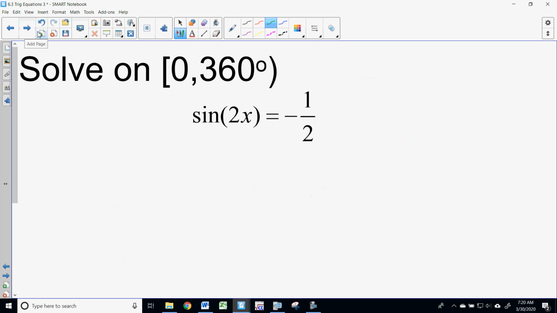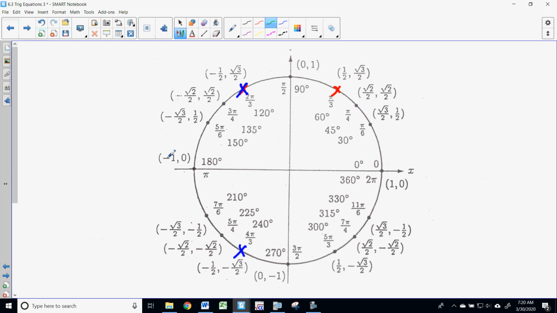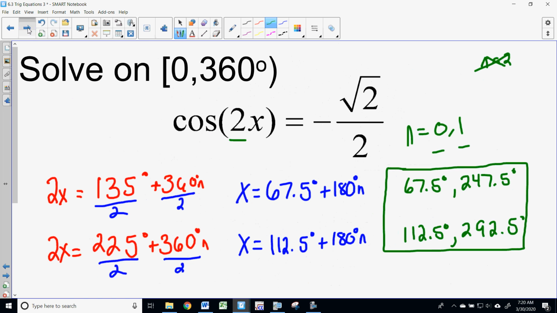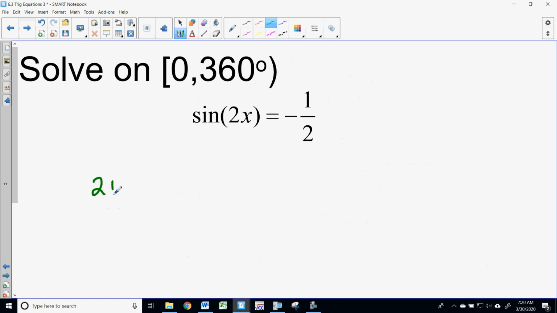So one more. Sine of 2x is negative 1/2. So if we think of where sine is negative 1/2 on our unit circle, negative 1/2 is 210 and 330. So we have 210 and 330. Those are just straight on the unit circle.